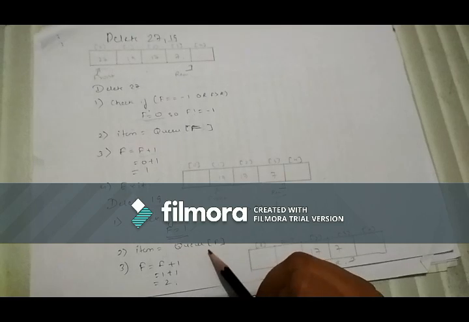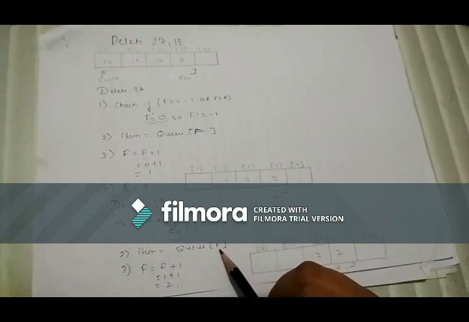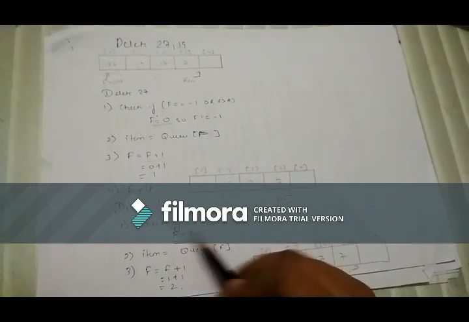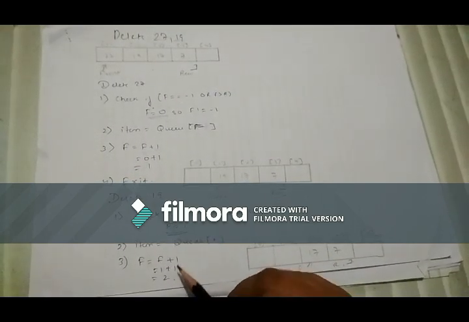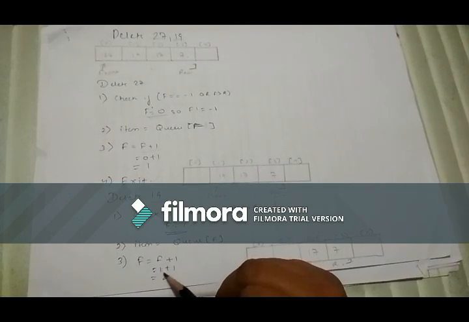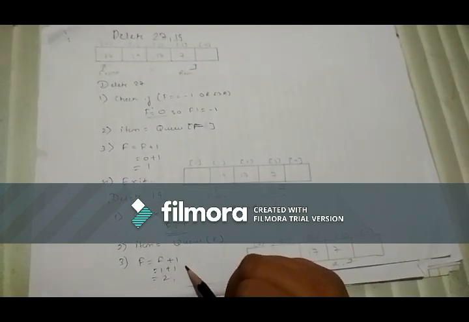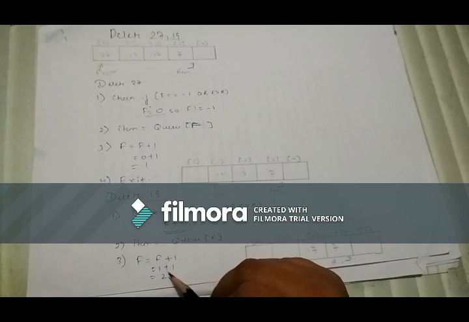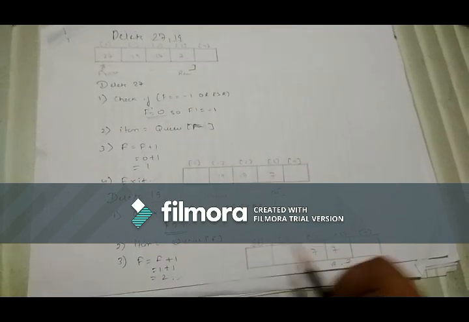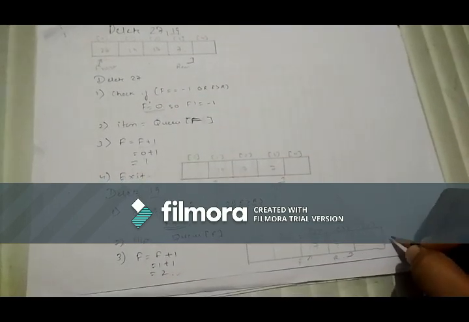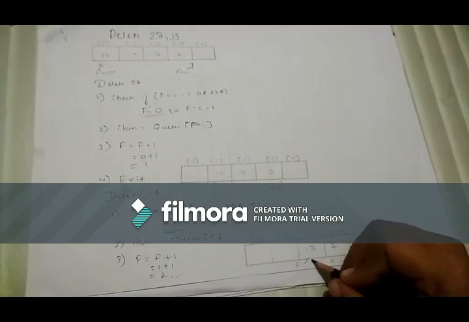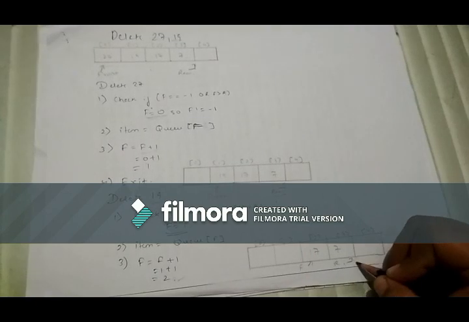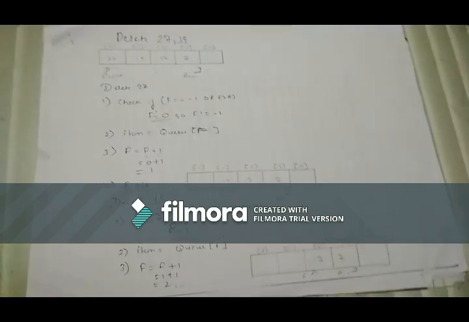So we will shift the value from index 1, that is 19, to the item, and we will again increment the value of f by 1, that is f + 1 = 1 + 1 = 2. The resultant queue will look like this. Front is shifted to index 2, it will point to 17, and rear is unchanged at 7.